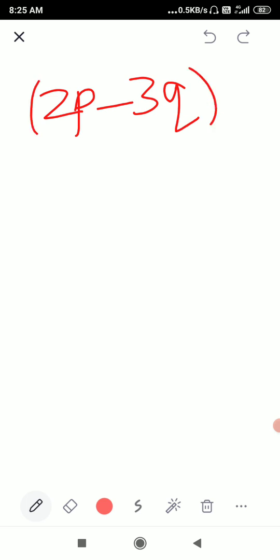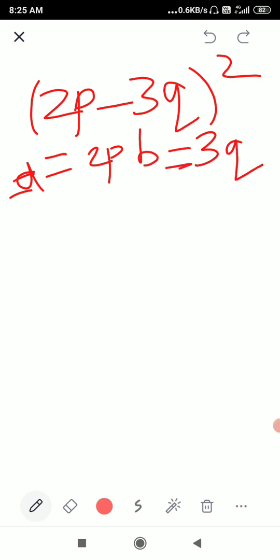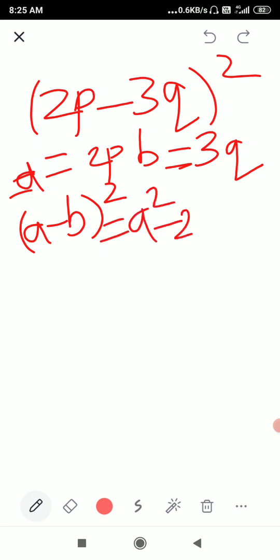Now the third one, (2p minus 3q) whole square. So here you can write first a is equal to 2p, b is equal to 3q. Yes, now here you are using (a minus b) whole square, a square minus 2ab plus b square.